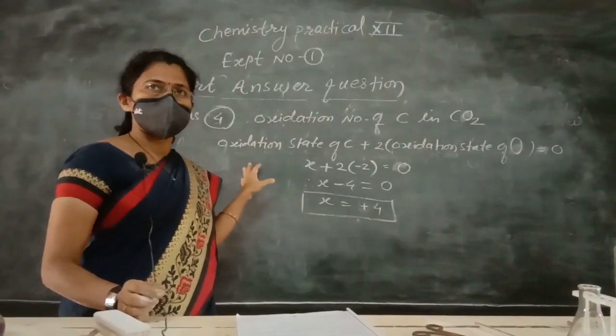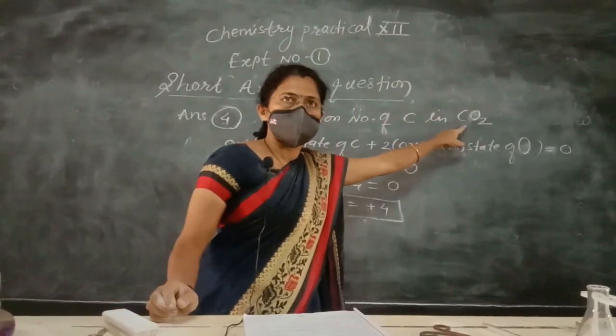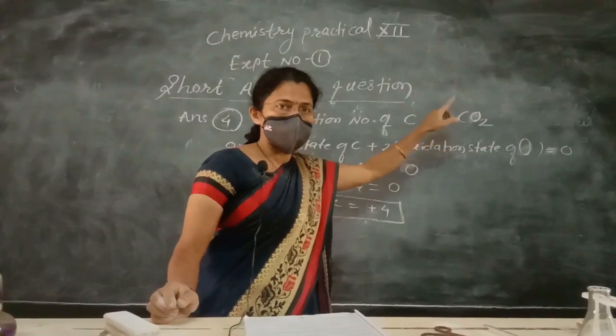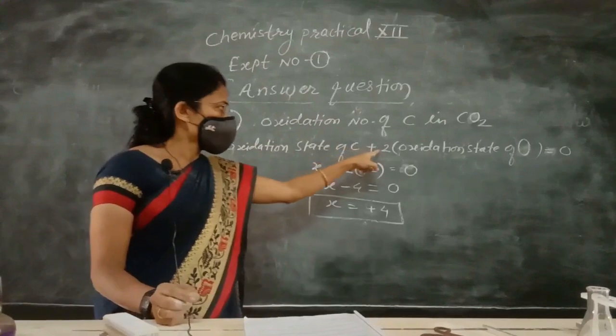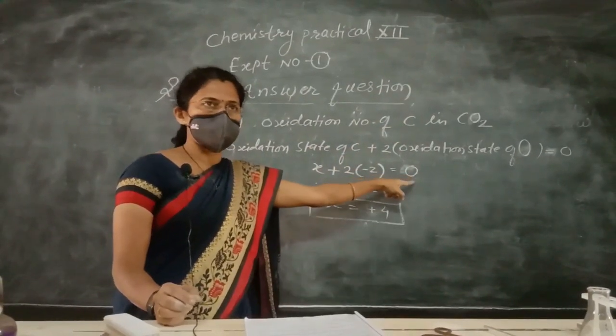Ma'am, what is the oxidation state of carbon atom in oxalic acid after completion of the redox reaction? In this experiment, after the redox reaction, CO2 is formed. So to find the oxidation state of carbon in CO2, oxidation state of carbon plus 2 into oxidation state of oxygen is equal to 0.